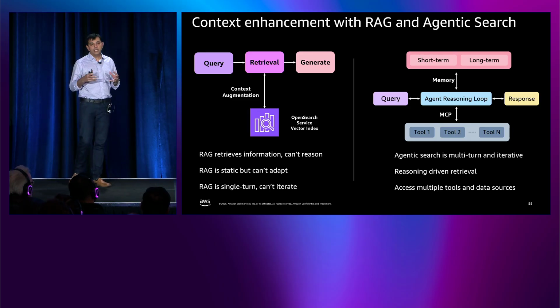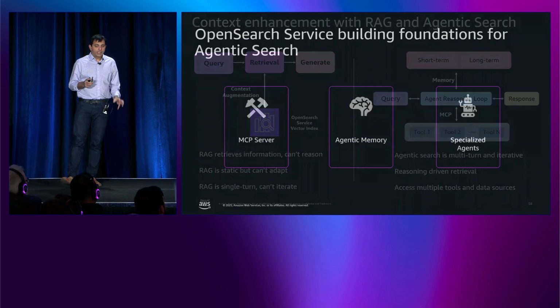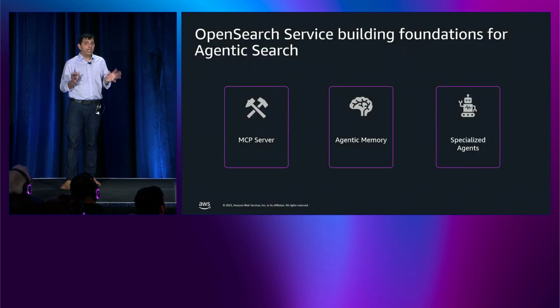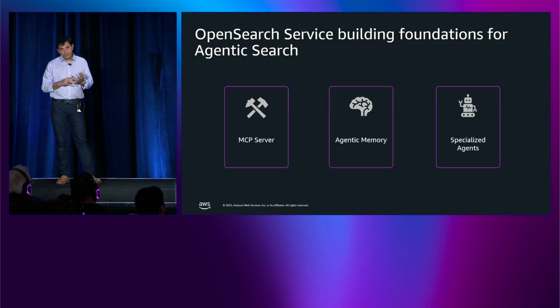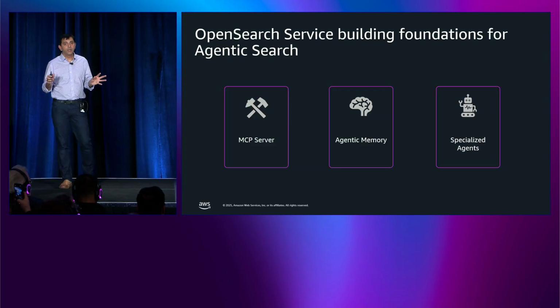And so it's an agentic loop that you have to execute. And this requires a lot more tools than what we have. So I'm excited to announce that we have many of these tools available. We have an MCP server, we have agentic memory capabilities, and we also have some specialized agents that we built in OpenSearch.